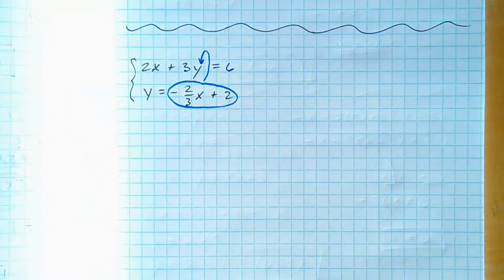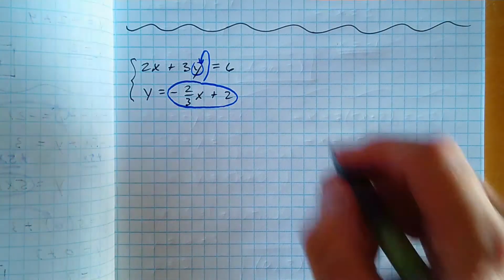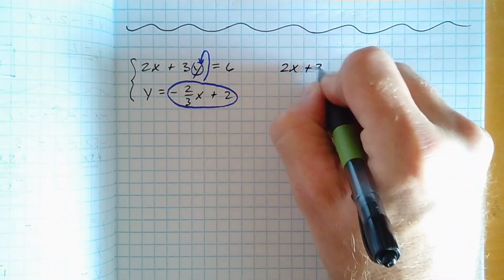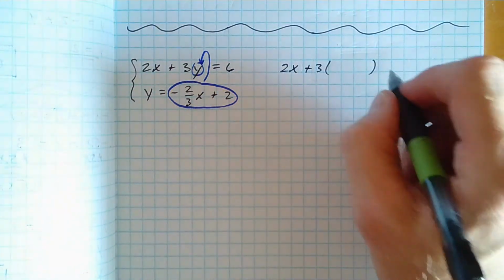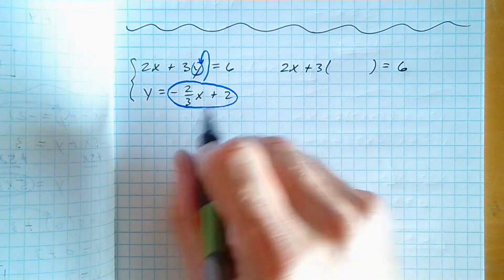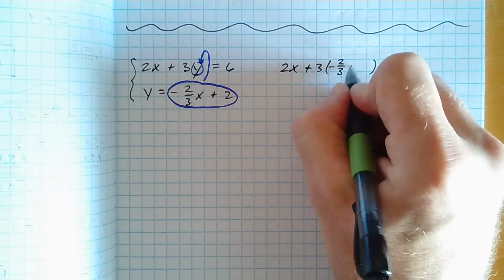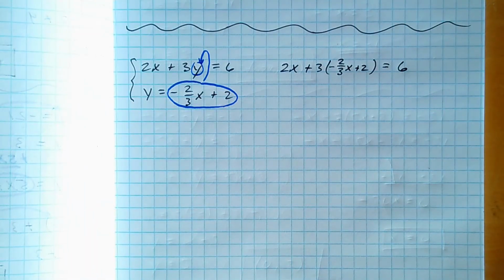So I'm going to take that and I'm going to substitute it in right here for y. And I'm going to make a new equation with just x variable. So I'm going to have 2x plus 3, I'm going to open up a nice big space in my parentheses, and this is going to be equal to 6. And what I'm going to substitute in here is negative 2/3 x plus 2.